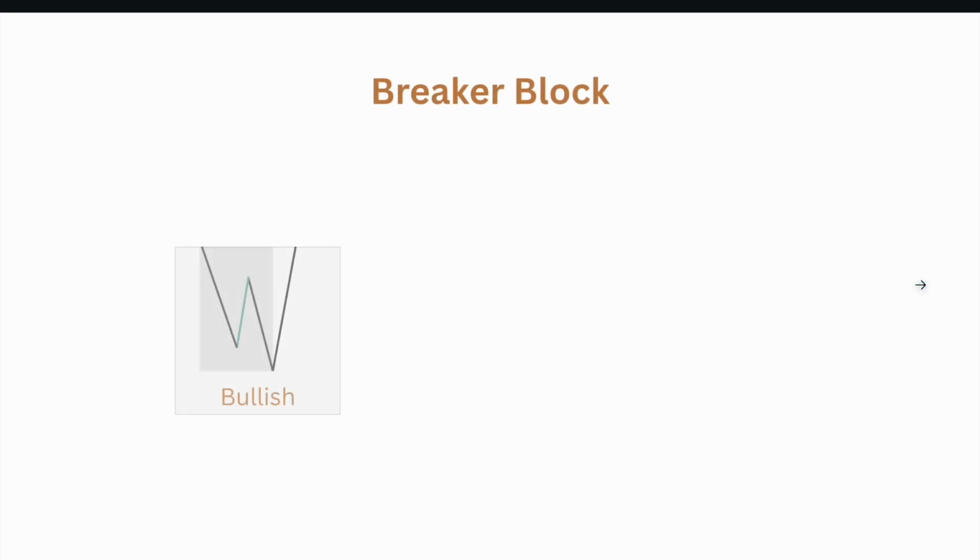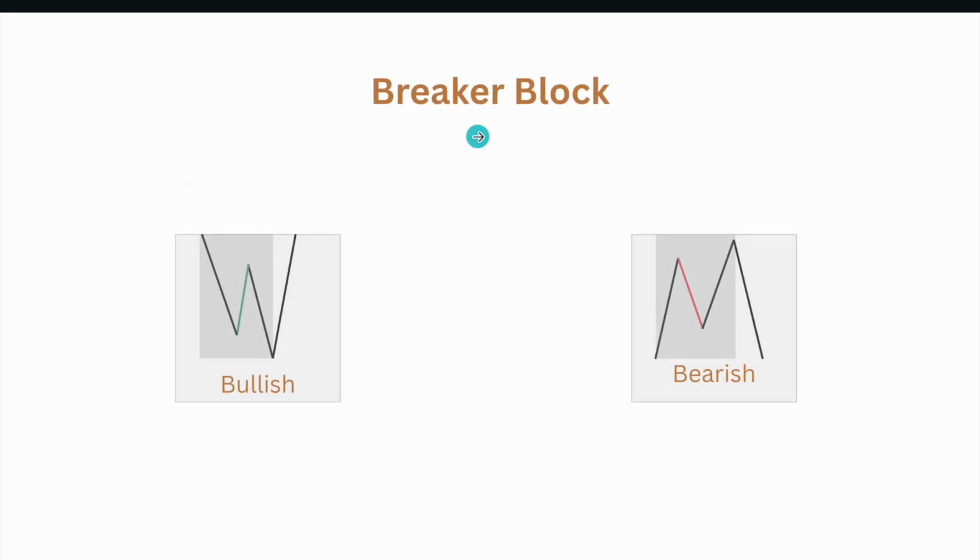Let's understand another order block, which is the breaker block. So what is a breaker block? It is again a reversal pattern. This bullish breaker block happens at the end of a bearish trend or downward trend.